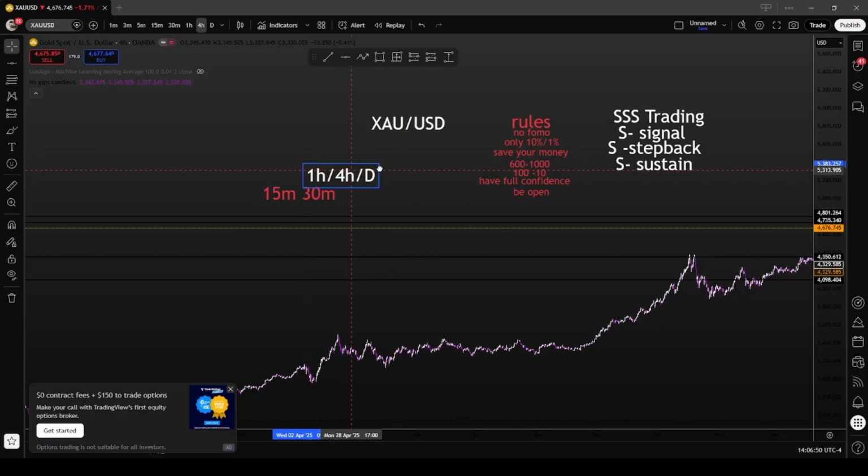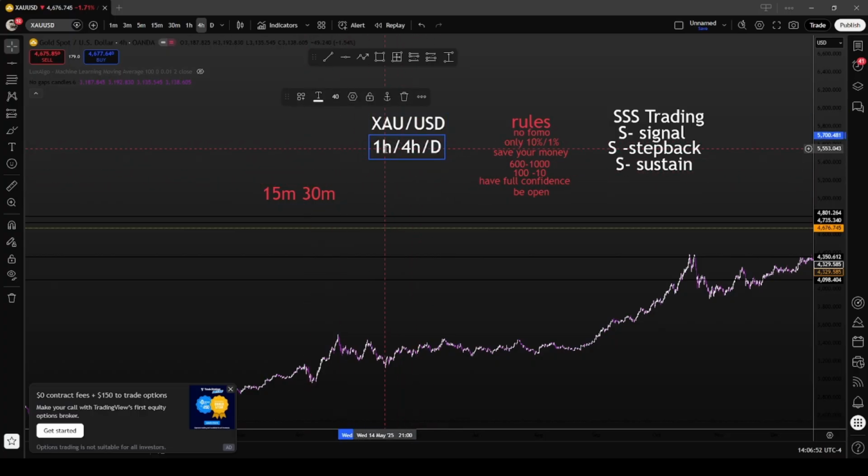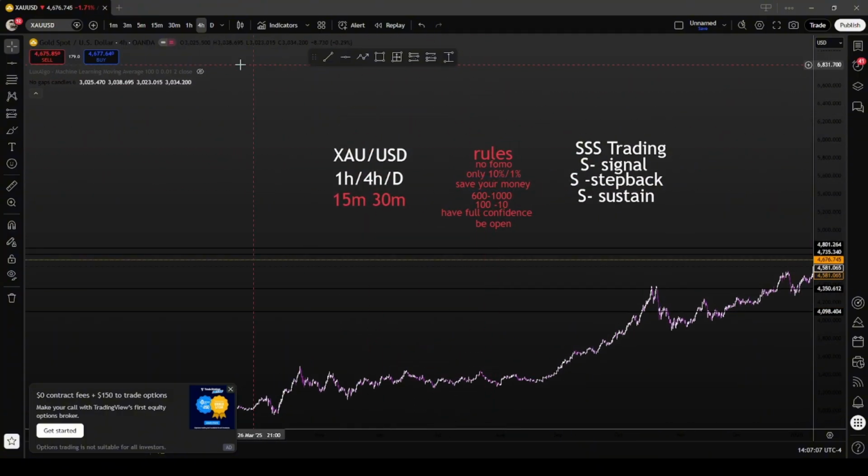Make sure you're trading XAU USD on the 1 hour, 4 hour, and daily time frame. I would start with the daily, move to the 4 hour, go to the 1 hour to place your trade. 30 and 15 minute we do not trade on. We just use it for information. And then that is pretty much it.